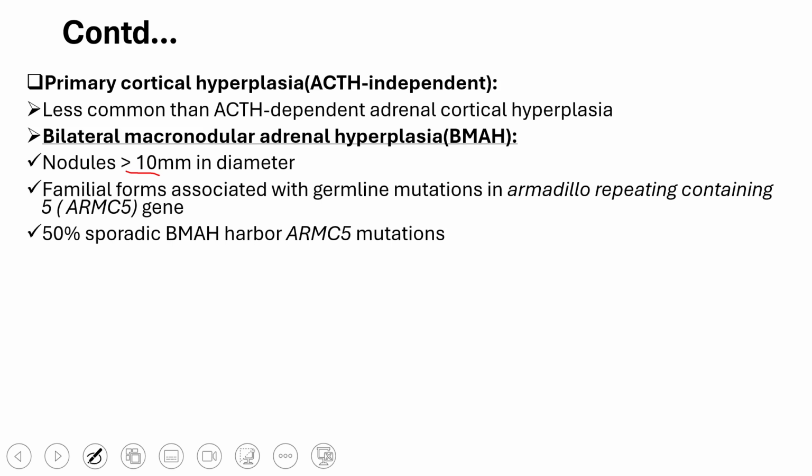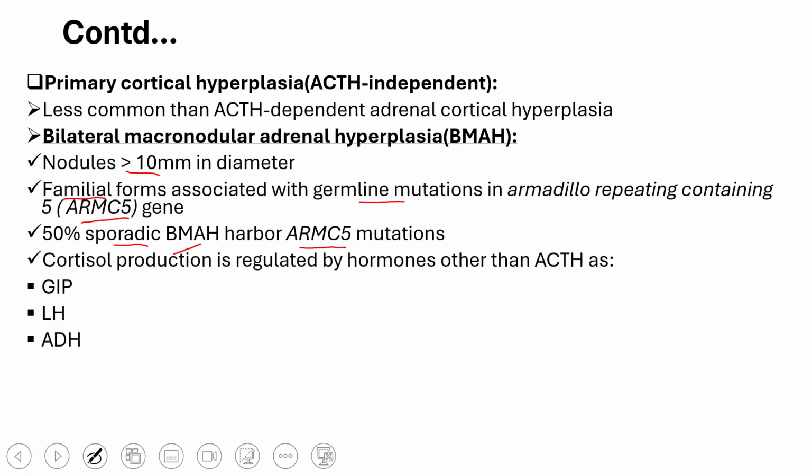And there are familial forms and also sporadic forms. In familial forms there are germline mutations in the ARMC5 gene, while 50% of sporadic bilateral macronodular adrenal hyperplasia presents with this mutation.